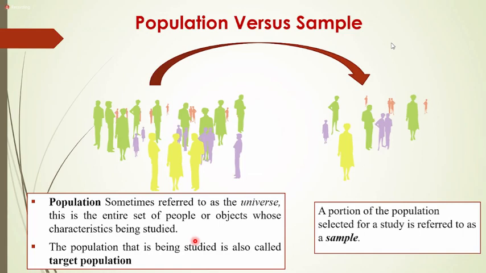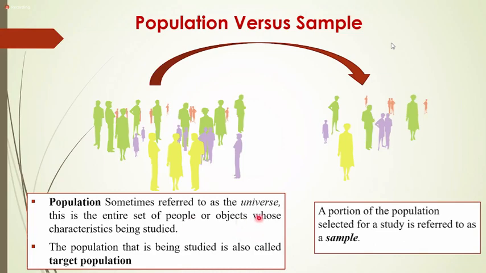If we want to look at the average lifetime of a newly produced electricity bulb or LED bulb, then your population will be all newly produced LED bulbs. So in this case, our entire set is objects. In the salary case, our entire set is people. So it may be people or it may be objects.